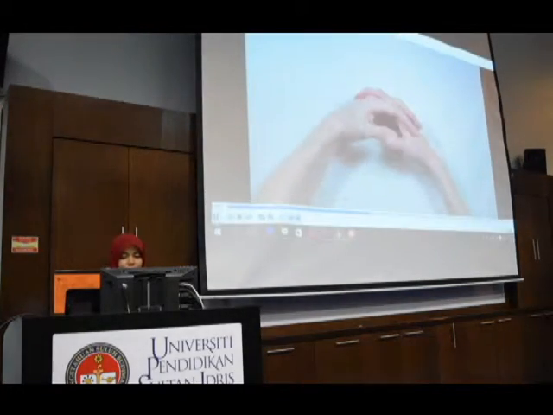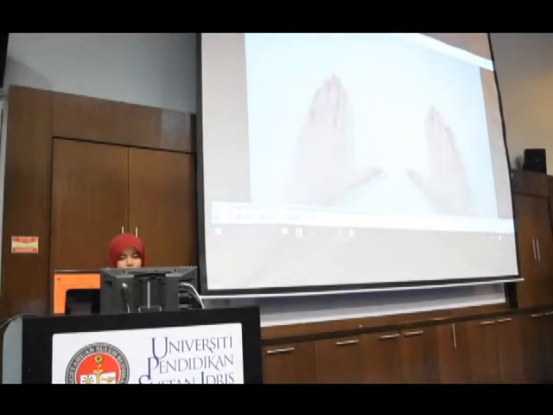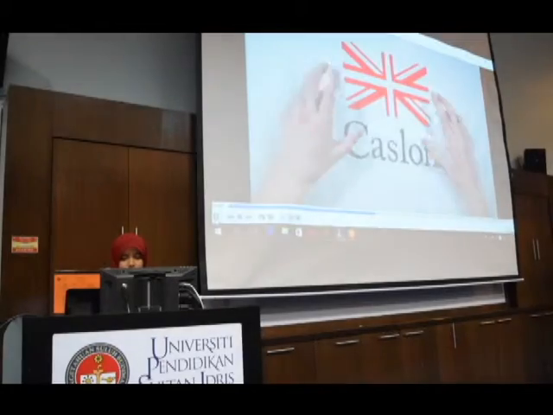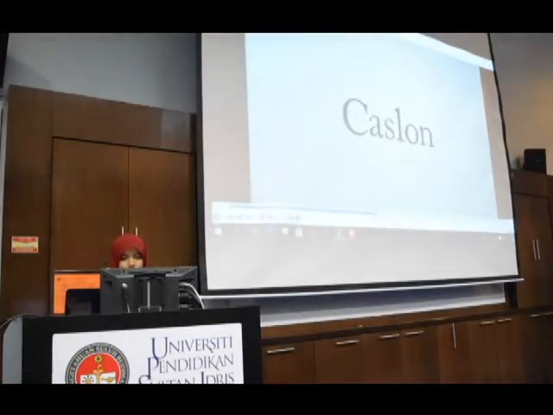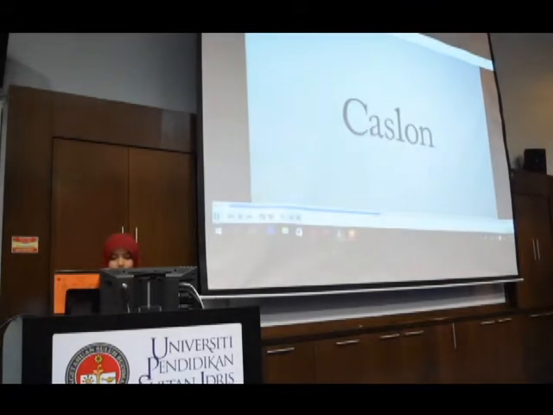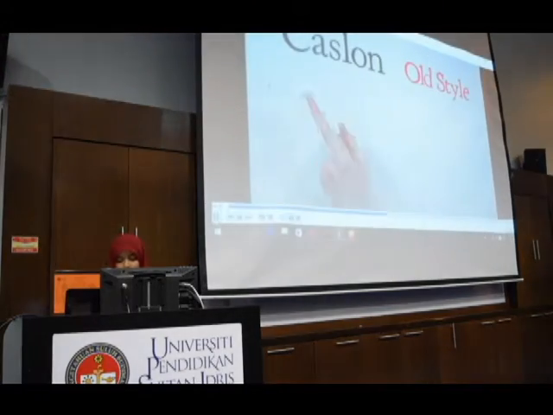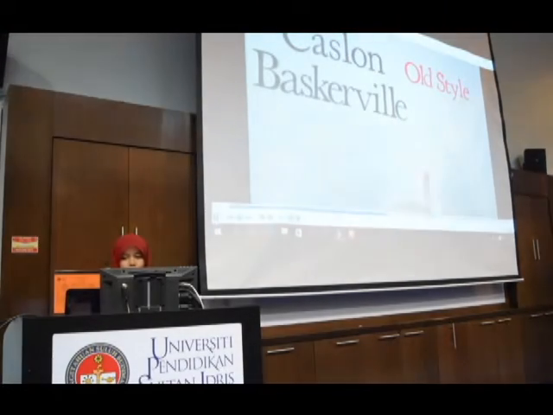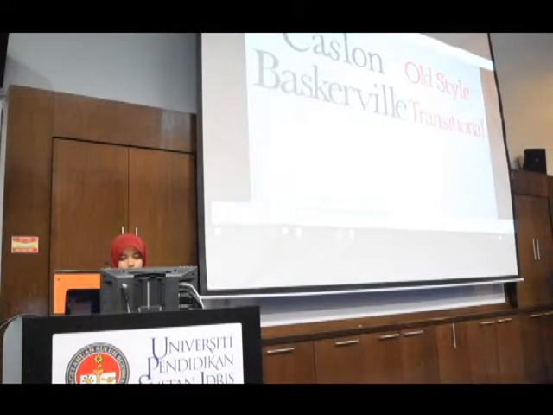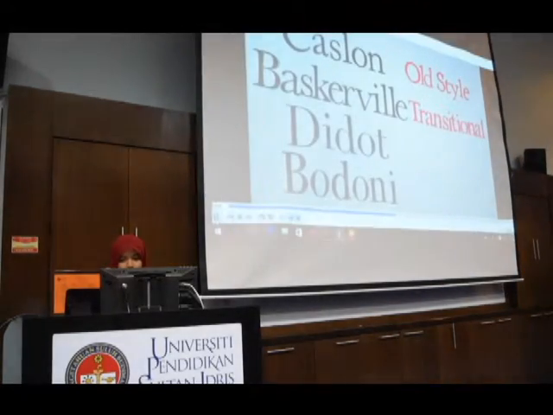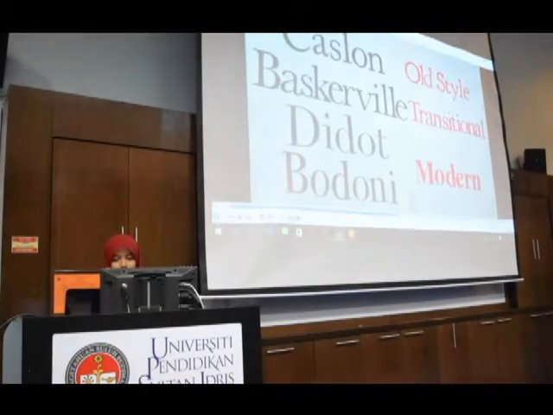Type development stayed fairly stagnant until the 18th century in England, when William Caslon created a typeface that set a new standard for legibility. It wasn't anything radical, it was just what the world was looking for. The style of Caslon's typeface is now referred to as Old Style. A few decades later, another Brit named John Baskerville created a new variety of typeface, which we call transitional. Later still, a Frenchman named Didot and an Italian named Bodoni created typefaces that we have classified as modern.